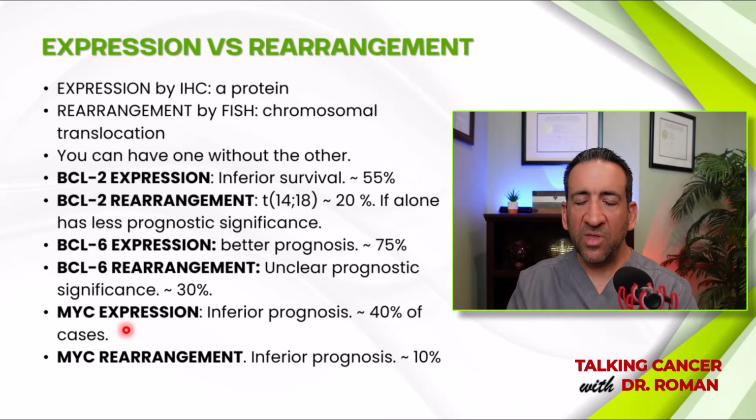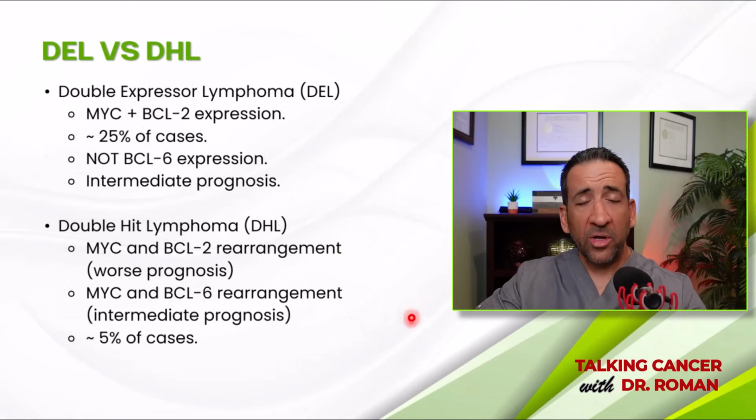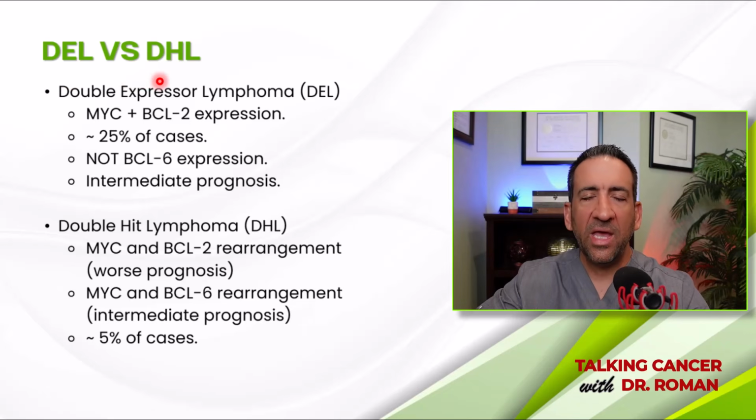Now, we're going to get into something important, so I want you to remember this. The BCL2, BCL6, and MYC expression versus rearrangement. Keeping that in mind, we're going to go over two possibilities here: a double expressor lymphoma versus a double hit lymphoma. Extremely important.